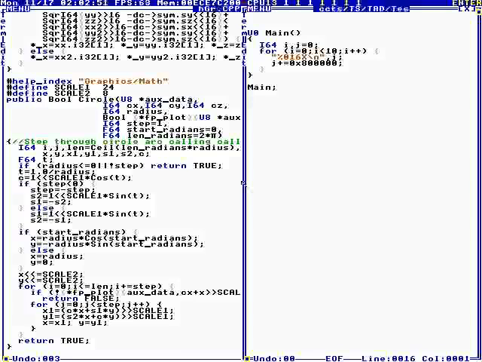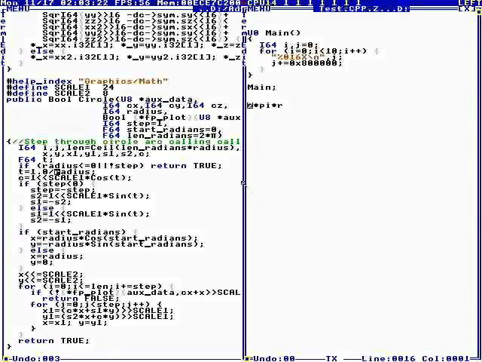If we're drawing a circle, 2 pi r is the circumference, and if we want to step by 1 pixel, so let's see.